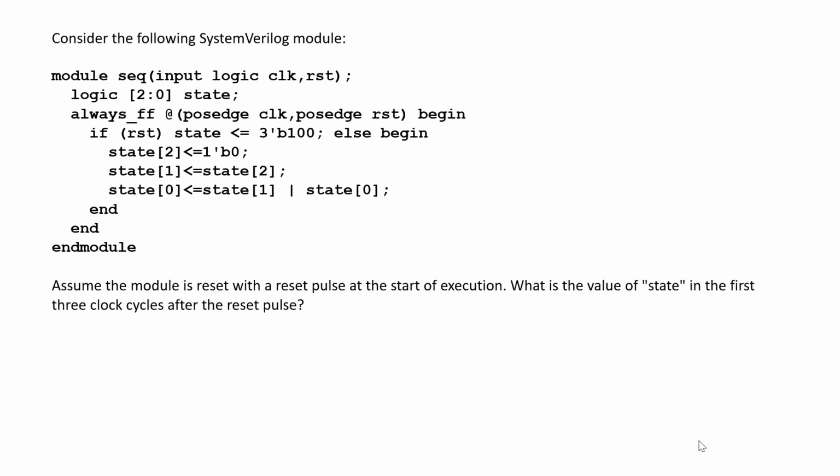Next question, consider the SystemVerilog module. Assume the module is reset with a reset pulse at the start of execution. What is the value of the state in the first 3 clock cycles after the reset pulse? This is kind of tricky because this is implementing a state machine, essentially.